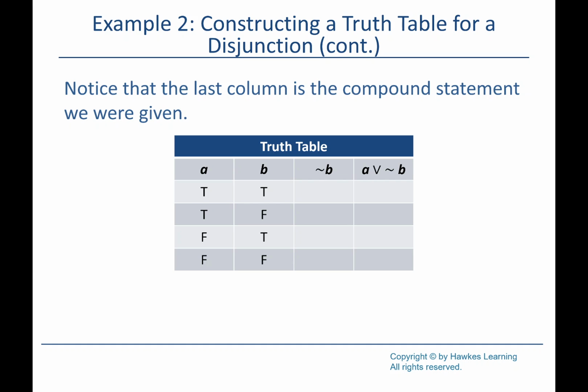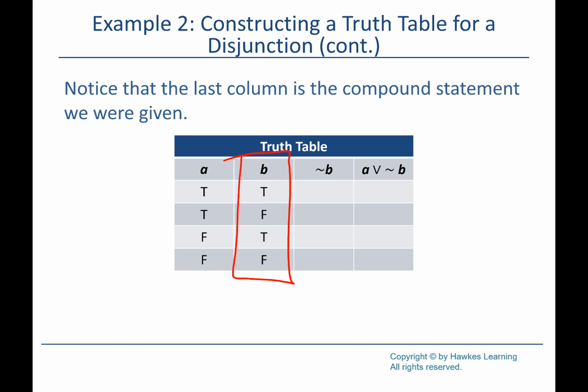And doing a truth table for a negation is really easy. The only part I'm looking at when I'm doing this not B column is the B column. Okay, so I'm just looking at this column. And then I want to fill in the not B column. So if these are the truth values for B, how do we figure out the truth values for not B? They're just going to be what? The opposite. Yeah, they're going to be the opposite.